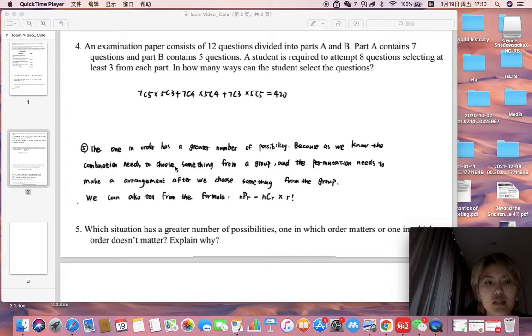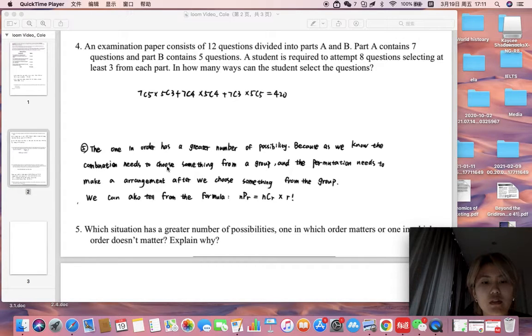And the next question. Since this problem only requires selecting, not ordering, this problem can be solved by a combination. From the question we can know that there are 7 questions in part A and 5 questions in part B. When we choose, we must ensure that we choose at least 3 questions in each part.